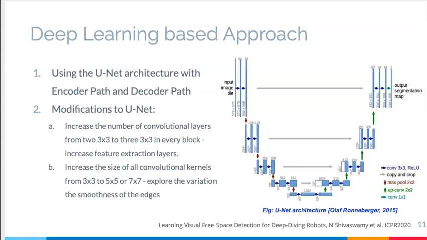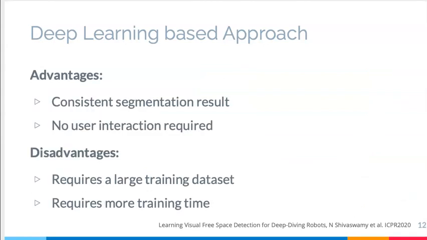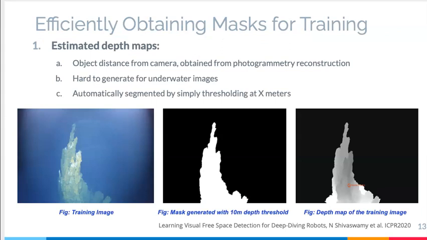Then we explore the variation of smoothness of the edges by increasing the size of all the convolution kernels from 3x3 to 5x5 and 7x7. We yielded consistent segmentation results without user interaction, but deep learning approaches require a large training data set and more training time. There are 3 solutions to obtain ground truth for training images, as all the above mentioned approaches are supervised.